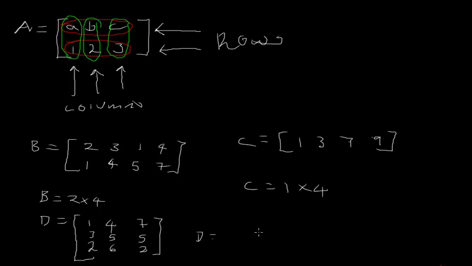Give it a try. How many rows does matrix D have, and how many columns? Matrix D has 1, 2, 3 rows, 3 rows. And how many columns? 1, 2, 3. So matrix D is a 3 by 3 matrix. Okay. So that's that about the order of matrices.